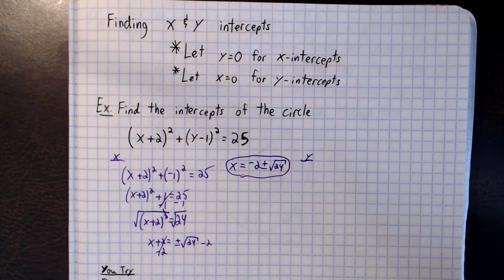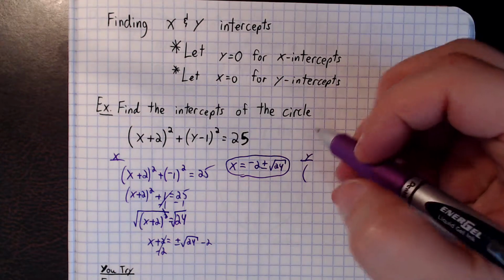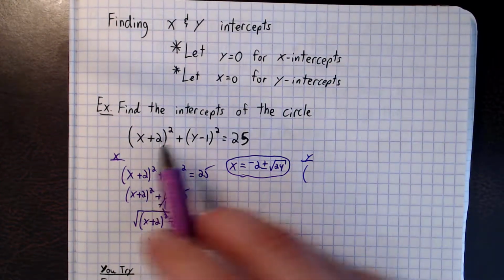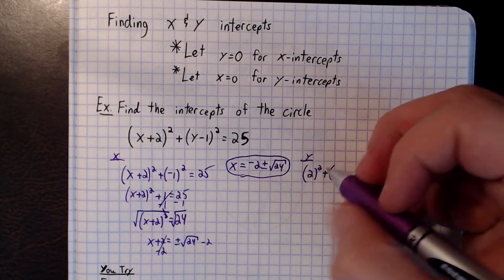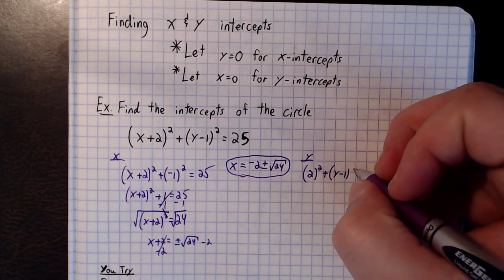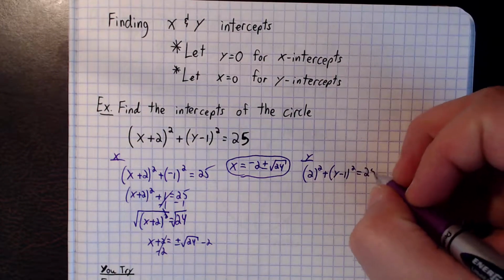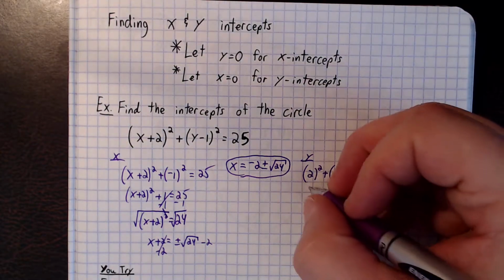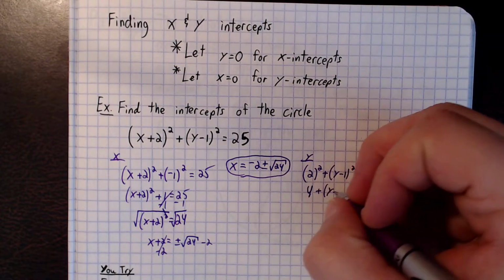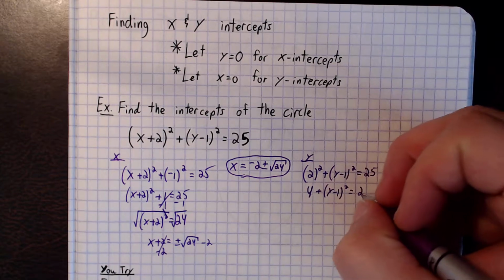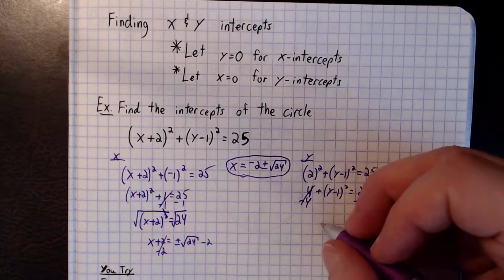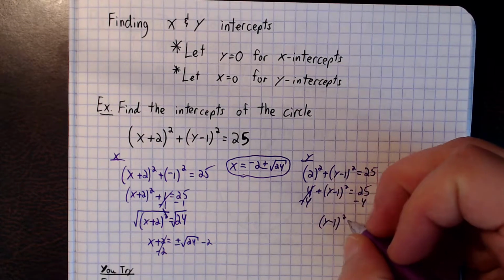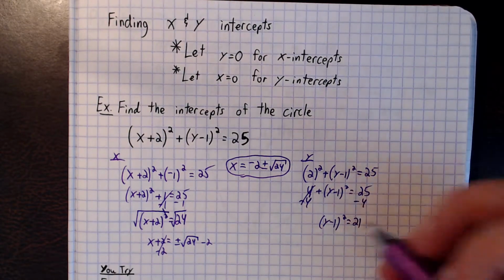Now we've got y. So let's see, if I plug in 0, that would leave us with 2 squared plus y minus 1 squared equaling 25. If I square this, we get 4. We'll get rid of the 4 by subtraction. Take the square root.